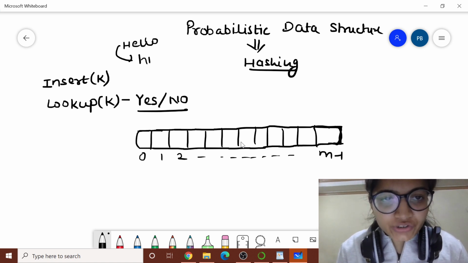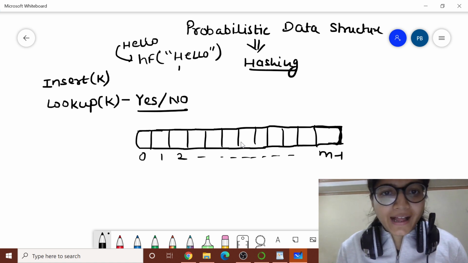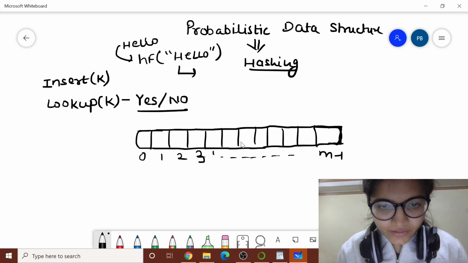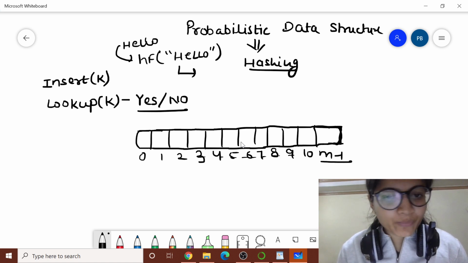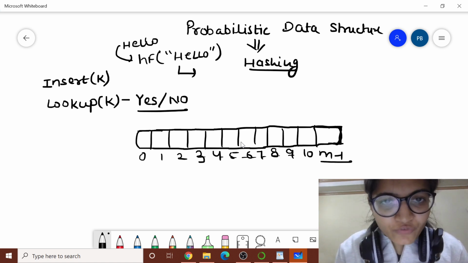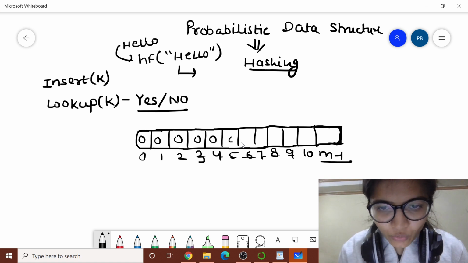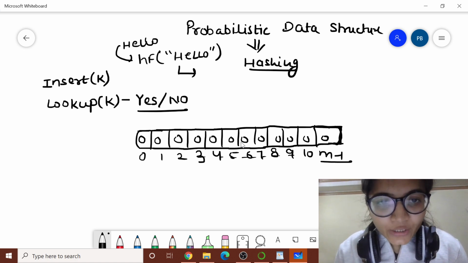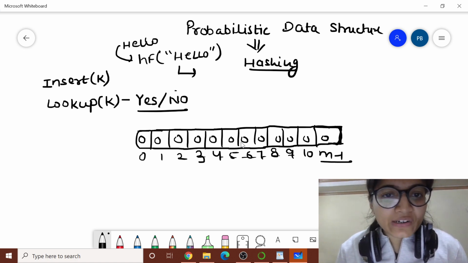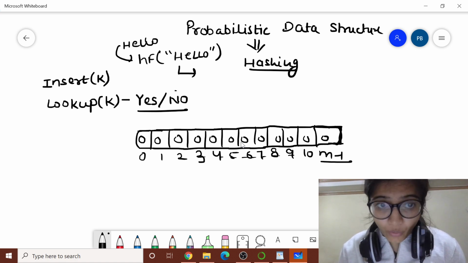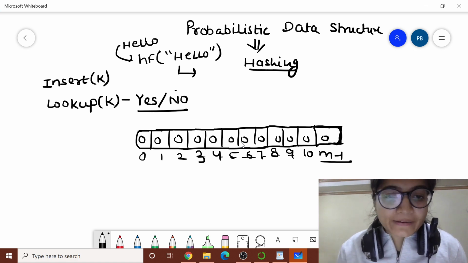Then the hash function of this hello string will be calculated. And suppose the hash function values are 4, 5, 6, 7, 8, 9, 10 up to m-1. Initially all these values are set to 0 in case of a Bloom filter. Okay, 0 means no. No means that that particular string is not present. Okay, I hope until now this is clear.